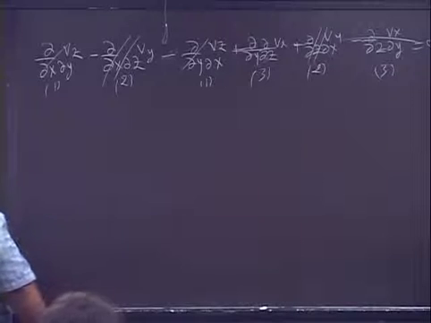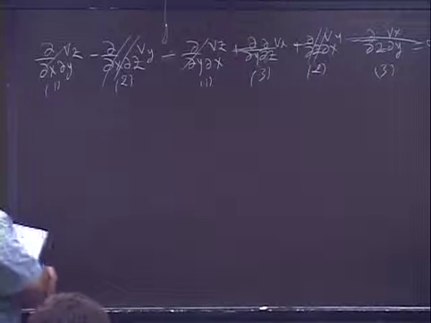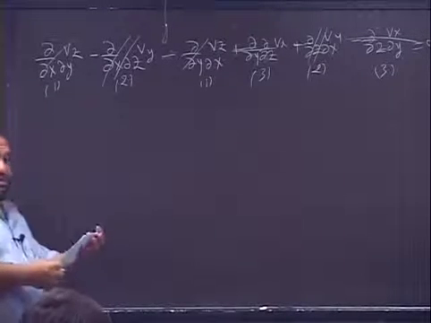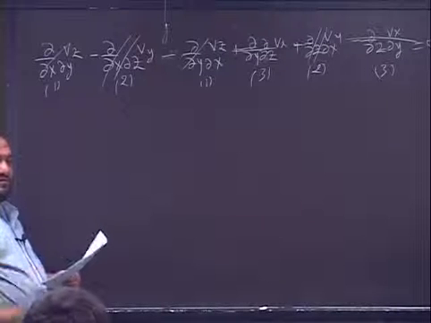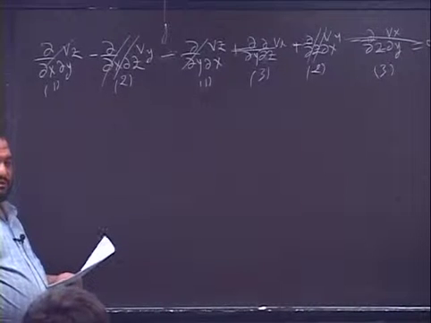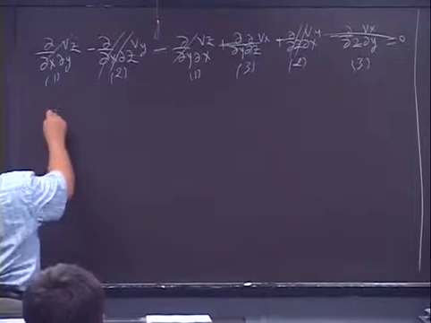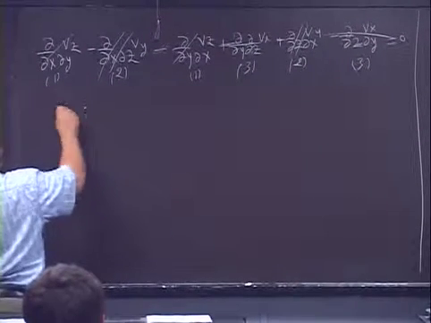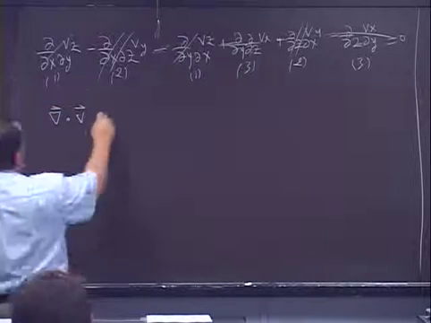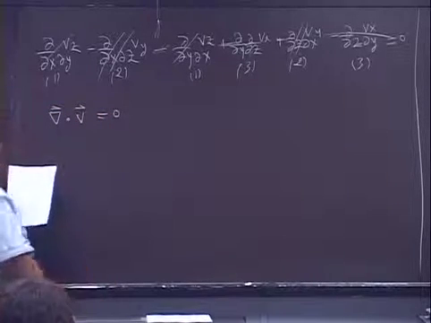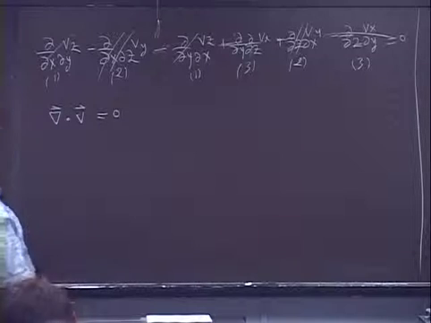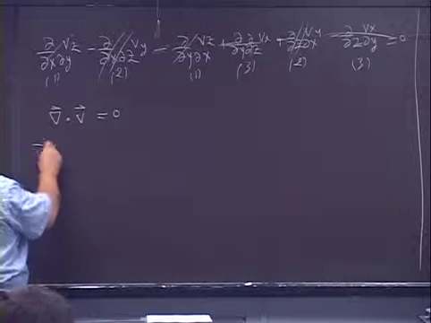So divergence of a curl of a vector function equals what? 0. So if you have divergence of a vector v equal to 0, I can then write v as what?